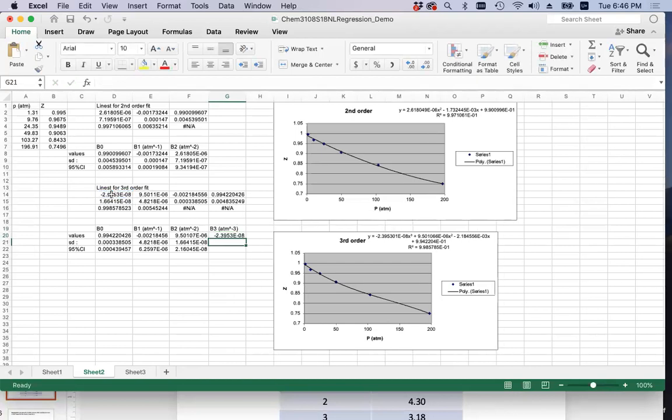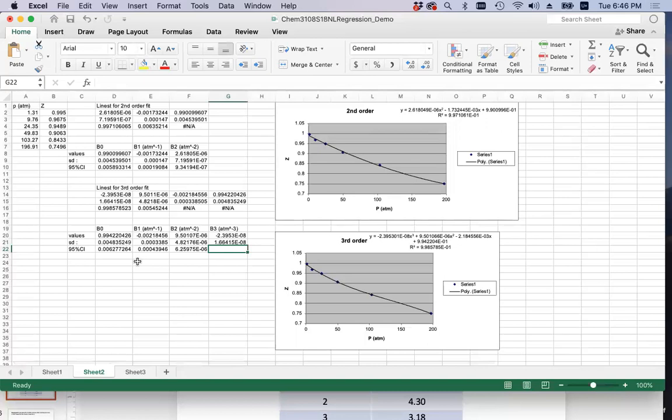So the output for LINEST is actually in the reverse order of how we would usually display these parameters. Okay, and so the standard deviation of b0 should be this guy here. Standard deviation of b1 should be this one. b2 should be this one. b3 should be this one. Okay, so now I have a nice little table.